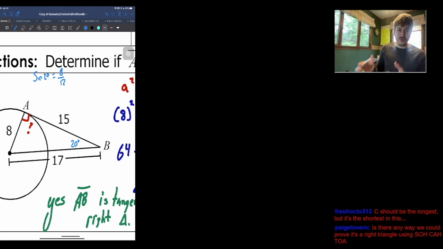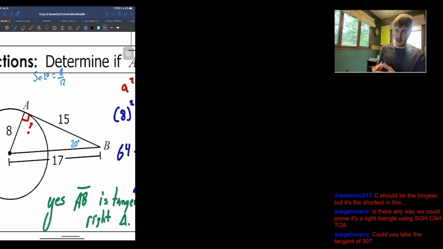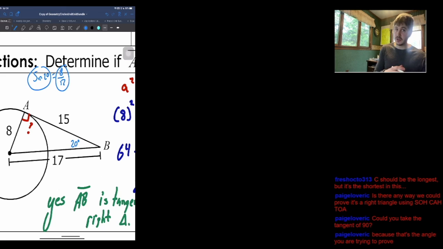If this is true, if 8 over 17 is the same thing as the sine of 20, then yes, it would be a right triangle. I don't know if they would do this, because these numbers, like the sine of 20, is going to be an irrational number.